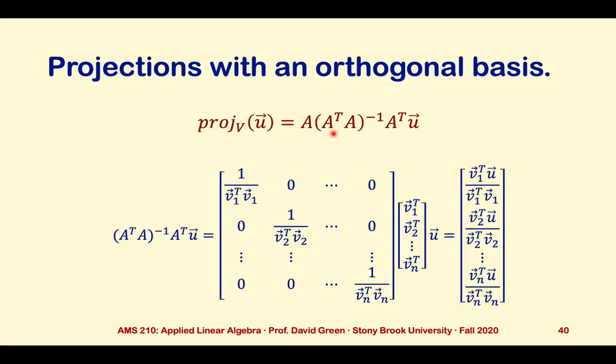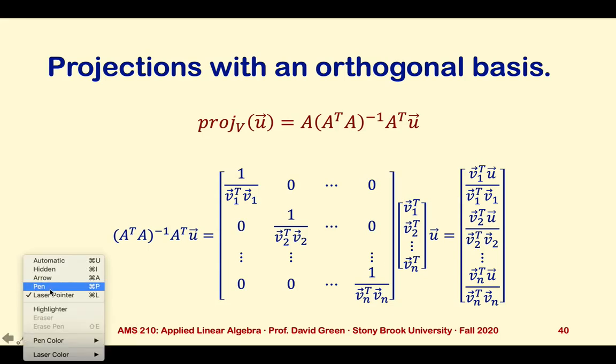The next step after taking the inverse of A transpose A would be to multiply this by A transpose U. Let's think about what this product looks like. This product looks like this diagonal matrix multiplied by A transpose, which is a matrix that has all of the vectors of our basis as rows, multiplied by U, which is a column matrix.